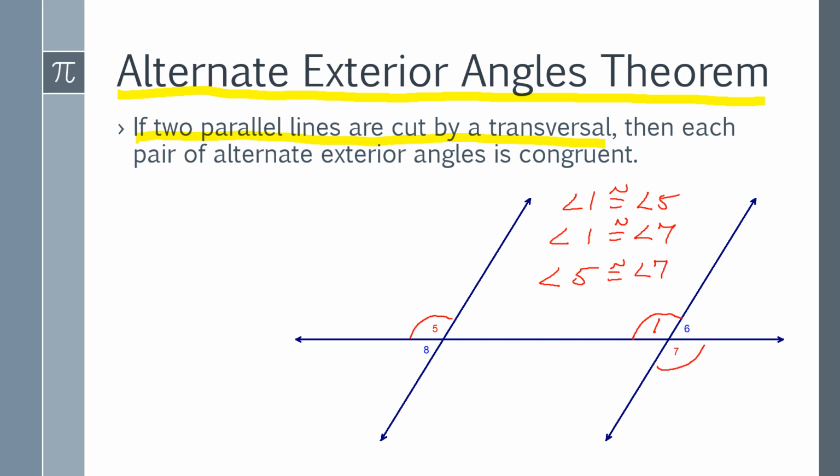So we're going to use this and say those are our congruence statements. Angle 5 is congruent to angle 7. Angle 6 is congruent to angle 8.